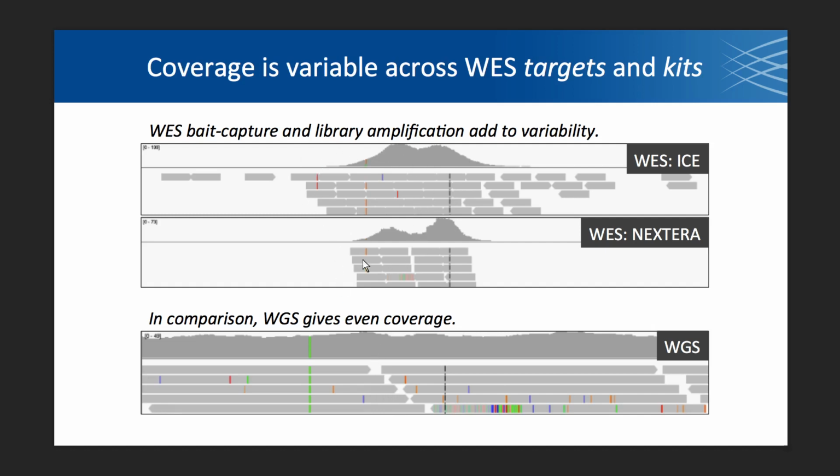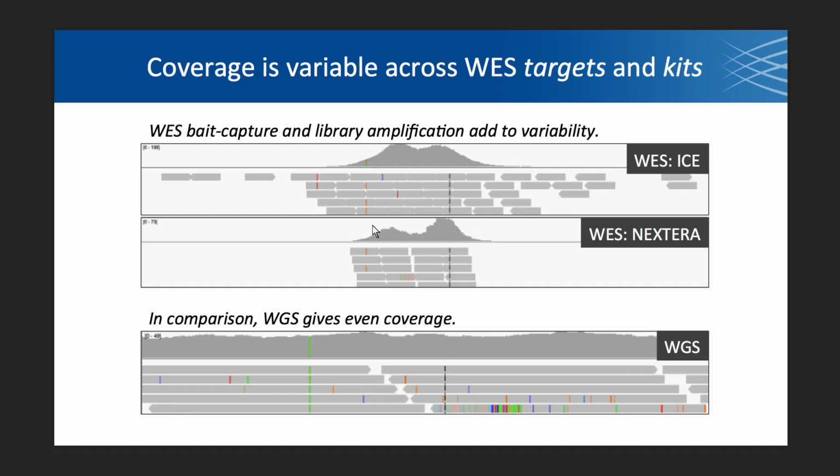The whole exome capture gives mountains, whereas the whole genome gives what looks like maybe an ocean. So the thing about exome capture is that there is a step involved that uses a bait to pull out the inserts of interest. And this bait can be RNA or DNA, depending on your capture kit, and can affect the representation of coverage for the different targets.